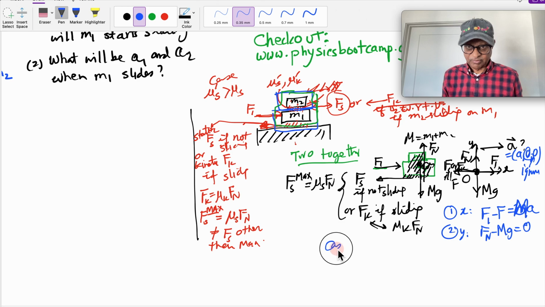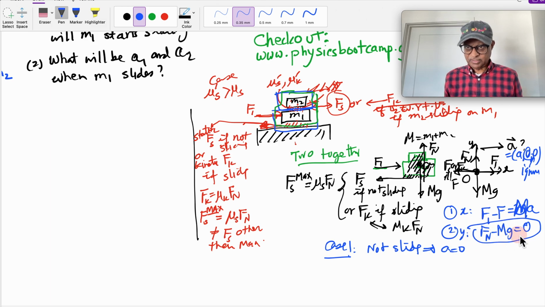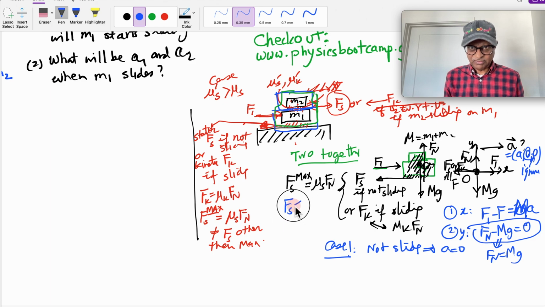Now case 1, not sliding. That just means a equal to 0. This one is regardless of not sliding. So this just means Fn is mg in all cases. But Fs itself is less than or equal to Fs max.